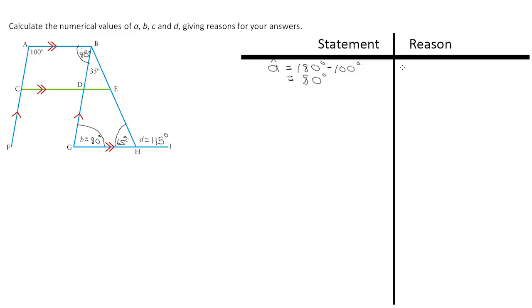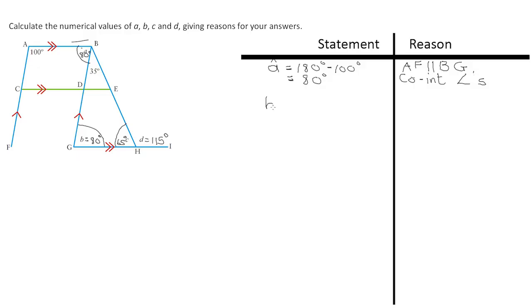We need to state clearly which lines are parallel. AF is parallel with BG, and because of that we have co-interior angles. Right, we have solved A.